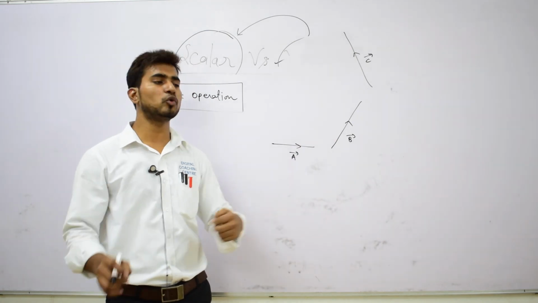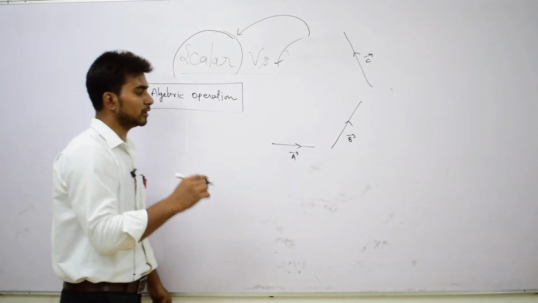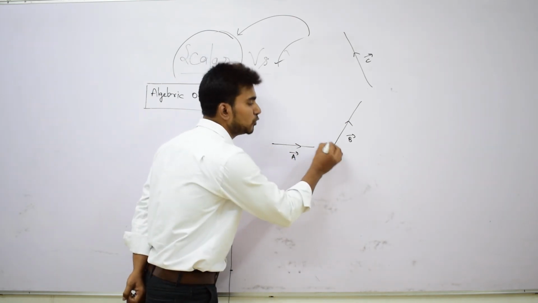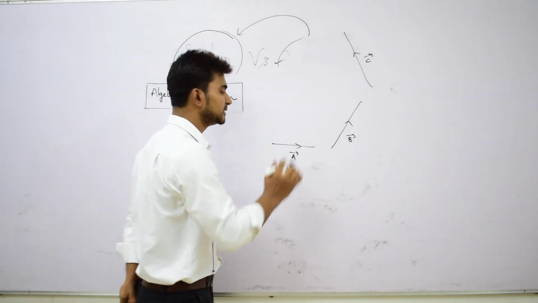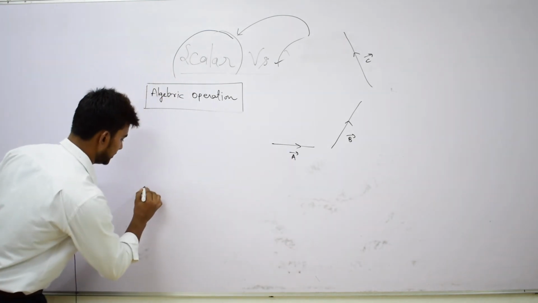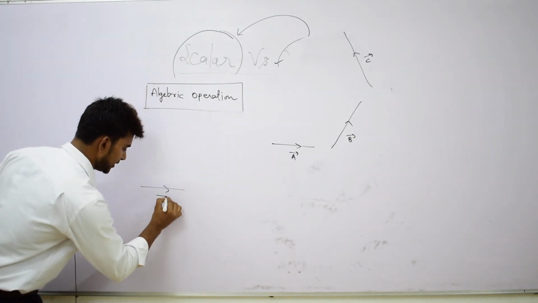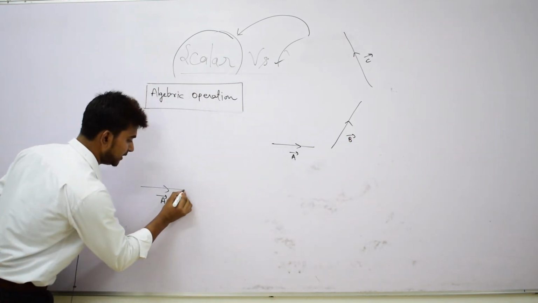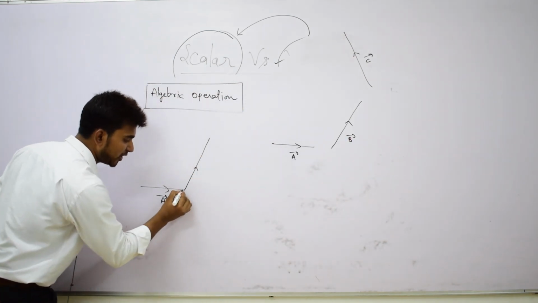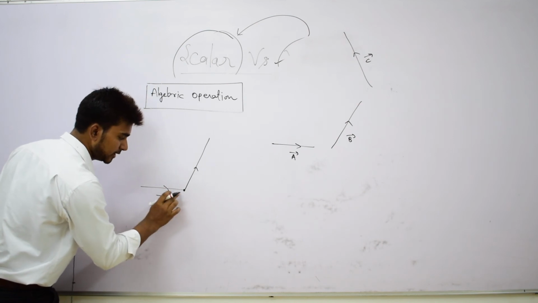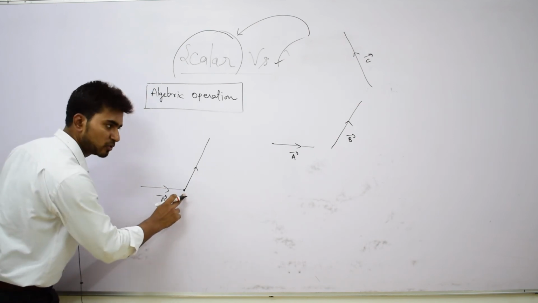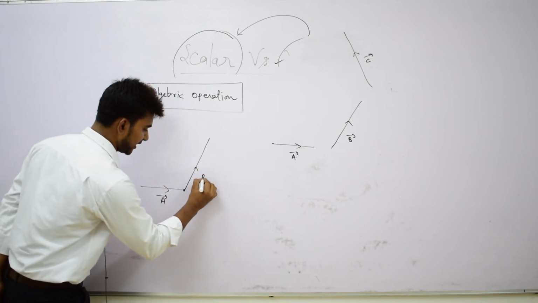What I have told you earlier is that in the normal addition we have to add head to tail, in the same manner. So this is our vector A, which will be connected to the tail of vector B. At the point of the connection, the head of one and the tail of another should be there. Getting? So this is our vector B.